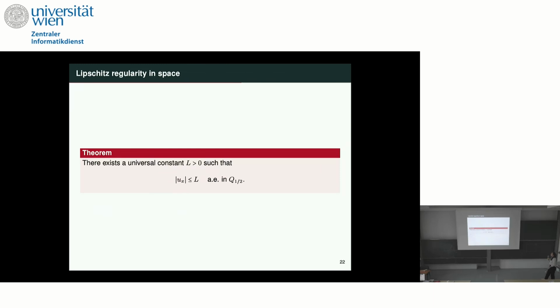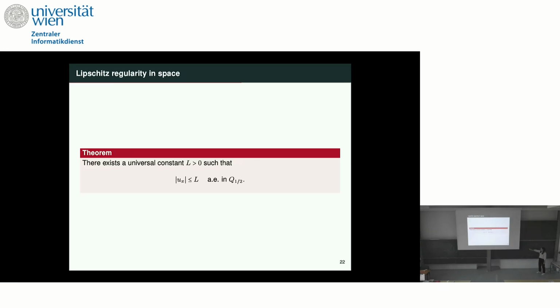Okay, so let's talk about the Lipschitz estimate. So the spatial derivative is bounded by a universal constant almost everywhere. One thing to notice here is that in the elliptic phase, so when u is negative, we have this representation formula. u is linear, okay? And so the slope, if you remember, u_x is equal to minus f(t), 1 plus r(t), okay?